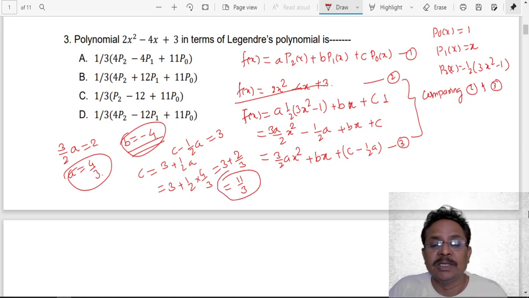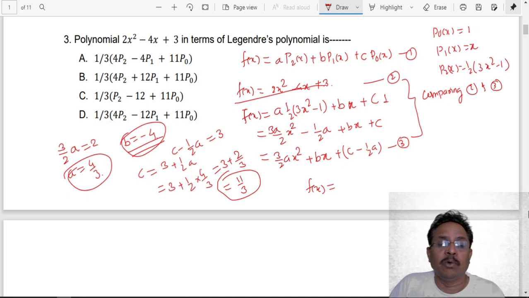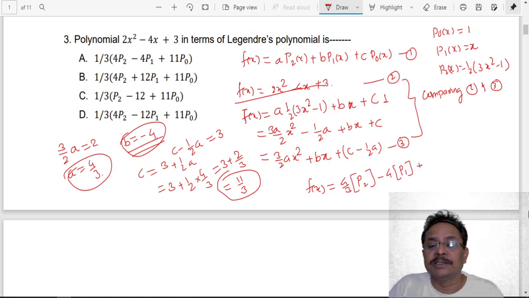Now write all these numbers in my equation 1, and therefore f of x is equal to a, which is 4 by 3, in the bracket it is p2, then b is minus 4, in the bracket it is p1, and plus 11 by 3 in the bracket, that is multiplied by p0.